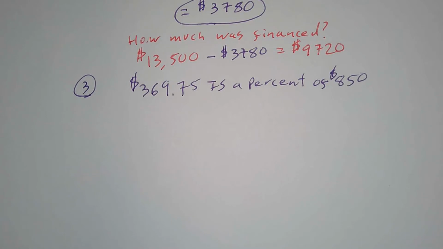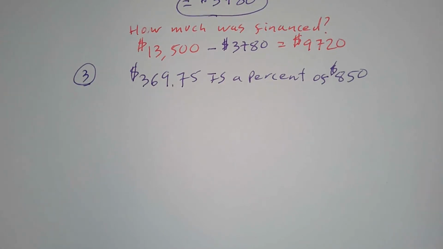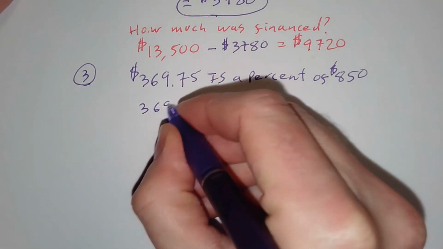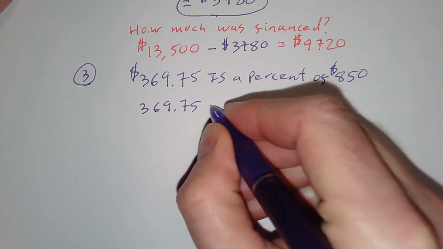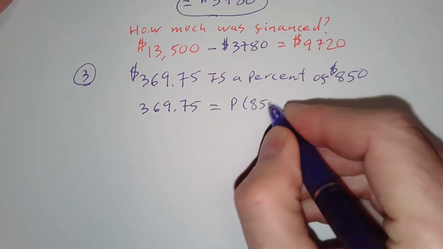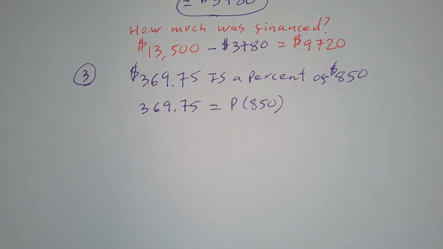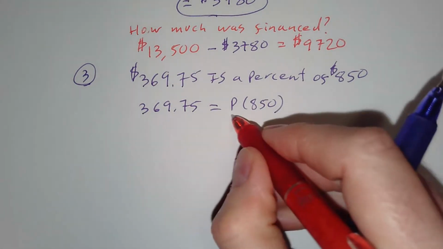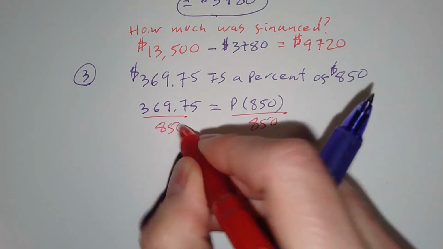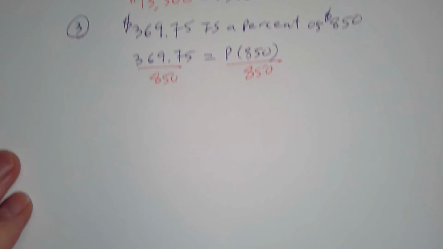Now you have to keep in mind here when we're solving this problem, we're going to get an answer as a decimal, so we'll need to change it to a percent when we're done. So we're going to have $369.75 is some percent p of 850. To solve for p, we'll need to divide by 850. And let's go ahead and do that division.